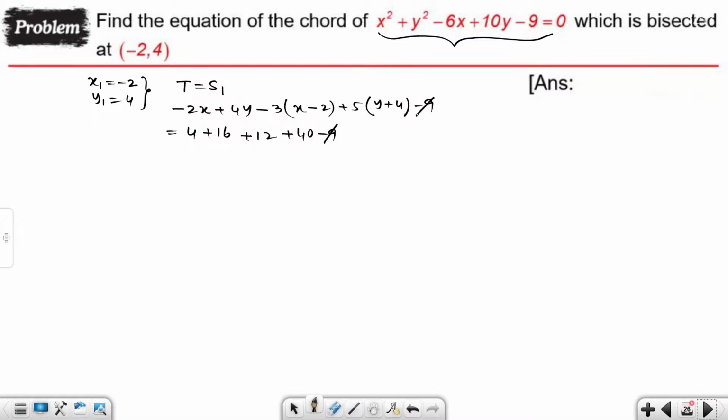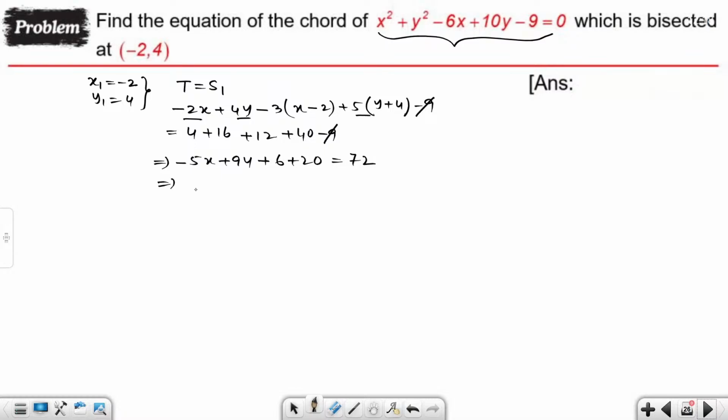So from here what we are getting, let me cancel this. Minus 2x minus 3x is minus 5x, 4y here, 5y here, so it's 9y, and it is simply a mere calculation. 6 plus 20. This sum I have chosen because simply to give you the idea of how we use the formula. So this 20, 60, 72, right?